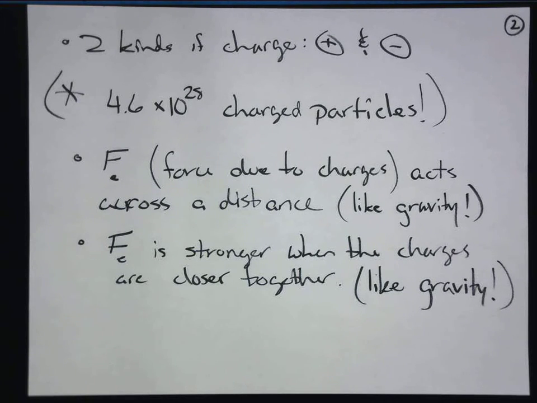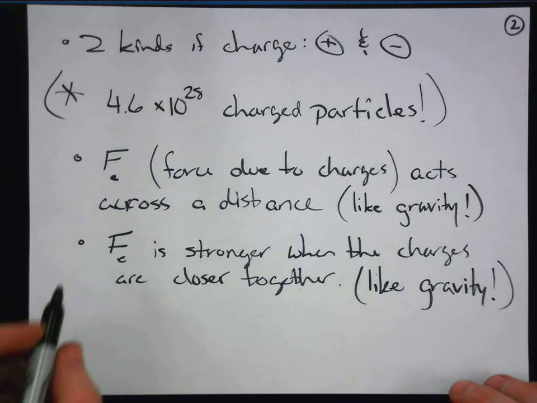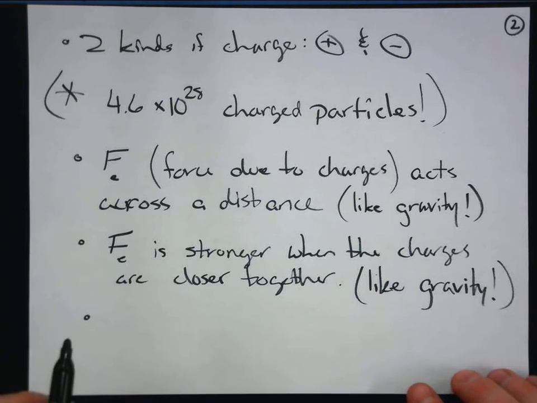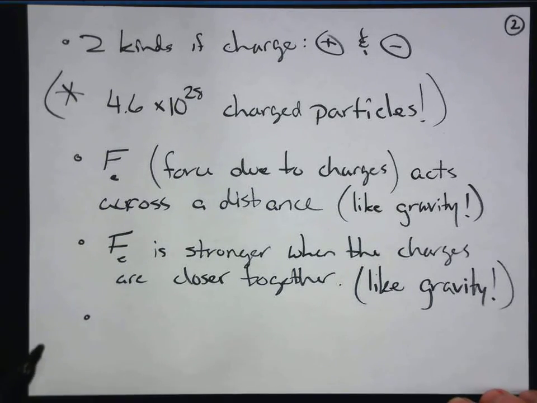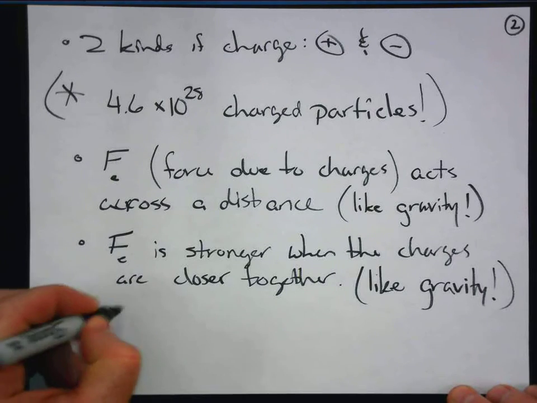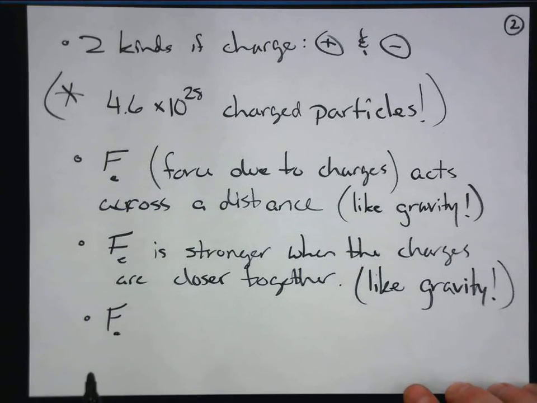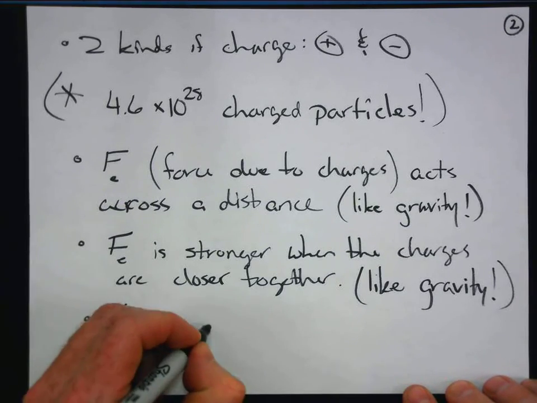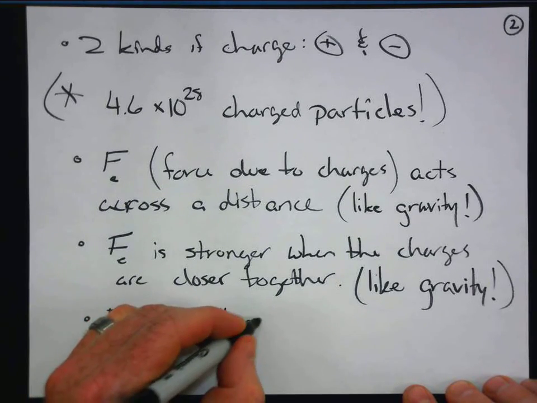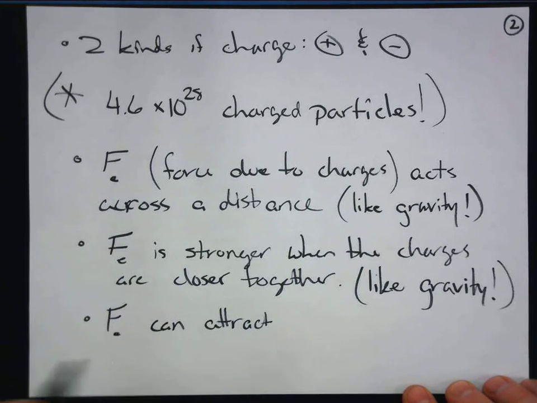Oh, wow. So now what's weird here, what's going to be different in at least one way, is that this force that we're talking about, not gravity, but the force due to electric charge, it can attract, and that's like gravity does, right?